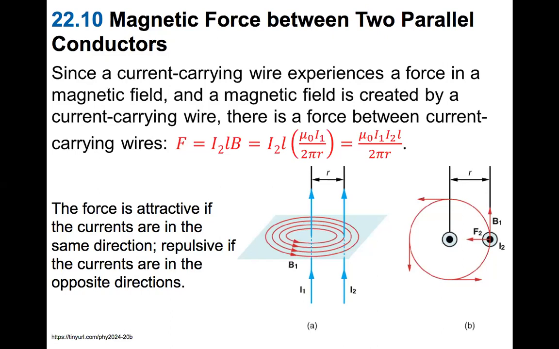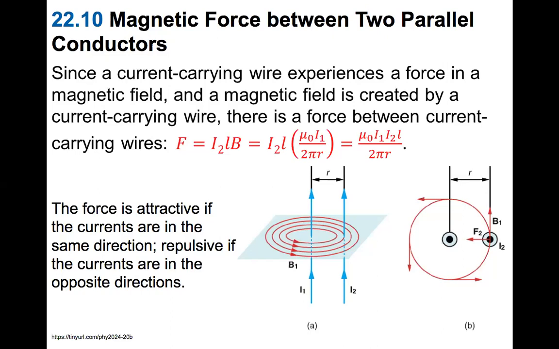That means if you have two wires carrying current in the same direction, the forces on the wires will be attractive. Similarly, you can analyze the left-hand wire: what will be the magnetic force it experiences? It's going to be towards the right wire. So the forces on each of them will be towards each other.